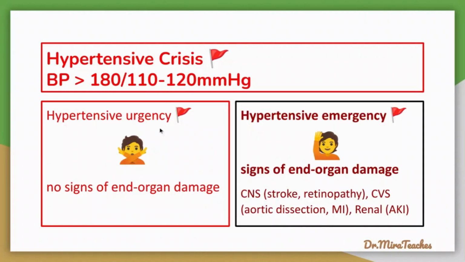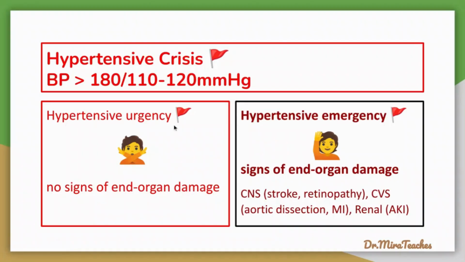You say that the patient has hypertensive urgency when the patient has this value for the BP, but there are no signs of end organ damage, so no symptoms. The patient comes to you walking, smiling, giving you some nice killer moves, nothing. You check the BP and you are getting very high values.